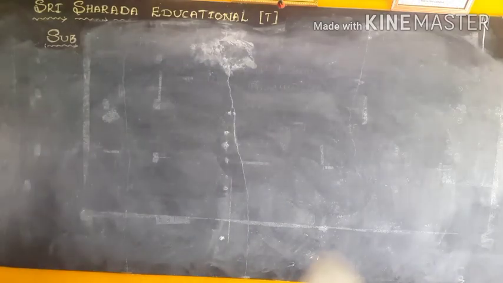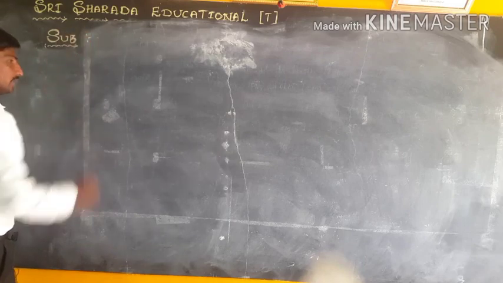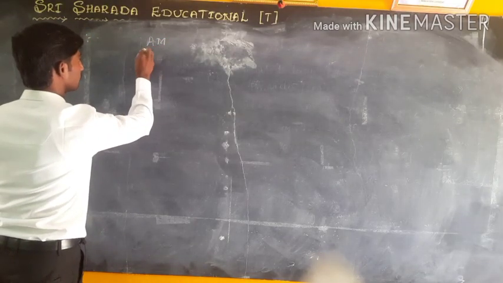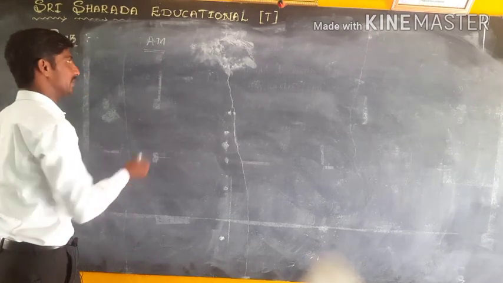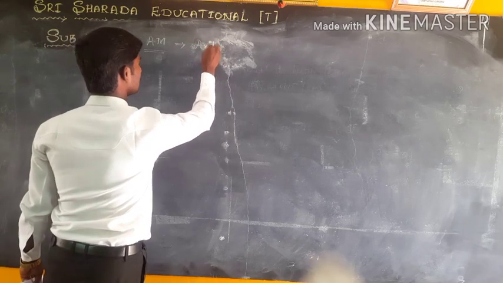Okay, now we have to discuss another concept in arithmetic progression, that is AM. What is AM? It is not antemeridian. AM means arithmetic mean.